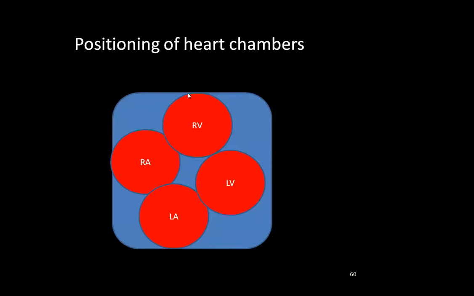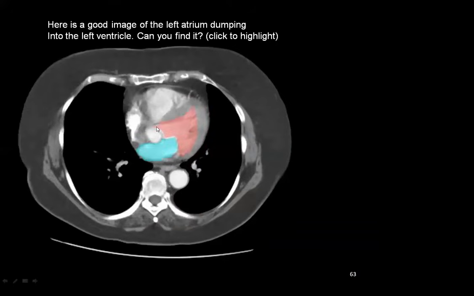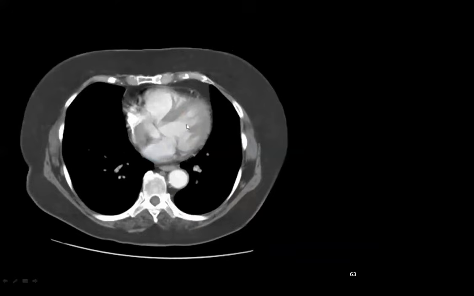If you see the position of the heart chambers, it is not straightforward. On the one side is the right ventricle and left ventricle, and on the other side the right atrium and left atrium. The left atrium is posterior, the right atrium is anterior. You can see the aortic valve and the root of the aorta. The aorta mainly arises from the left ventricle.